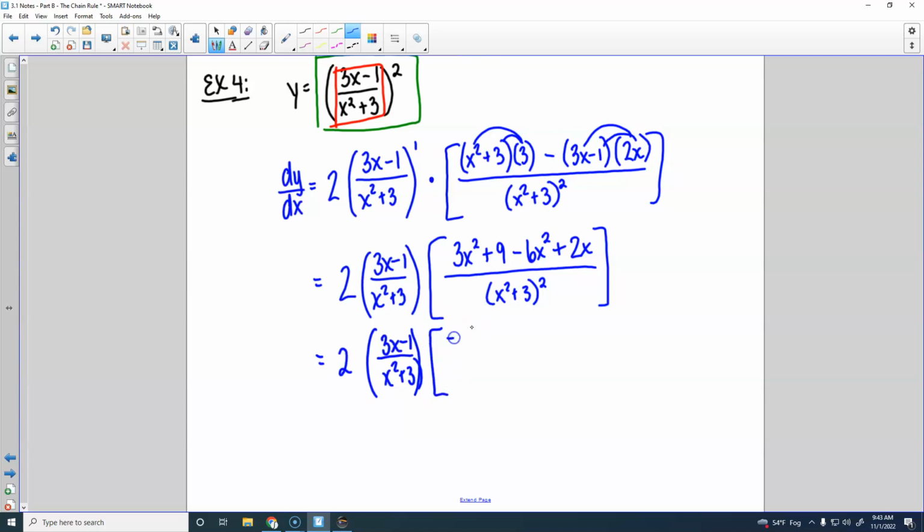And that would be negative 3x squared plus 2x plus 9.